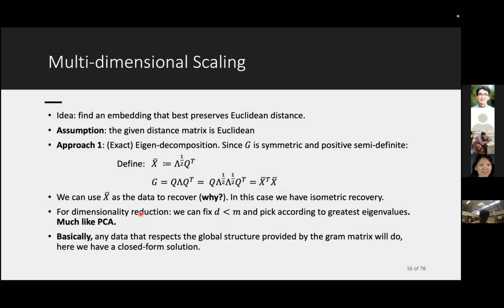And if we don't want exact isometry and want to perform tasks like dimensionality reduction, then we just pick the top D. For example, if we want a D-dimensional embedding, we just pick the eigenvectors corresponding to the greatest eigenvalues, and it's very much like PCA. As I will later show, under certain circumstances, PCA is actually equivalent to MDS.